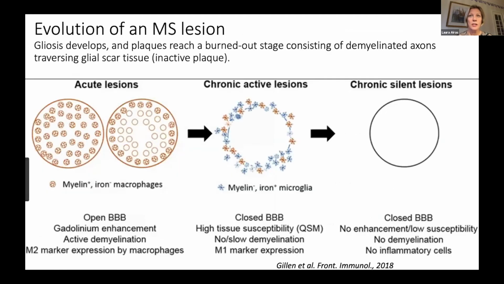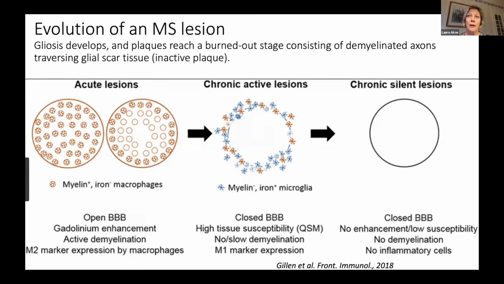So let's consider the evolution of an MS lesion. In an acute lesion, the lesion core is filled with macrophages which clean up the myelin debris. So this is required for efficient remyelination, but with time, the lesions evolve into chronic active lesions.